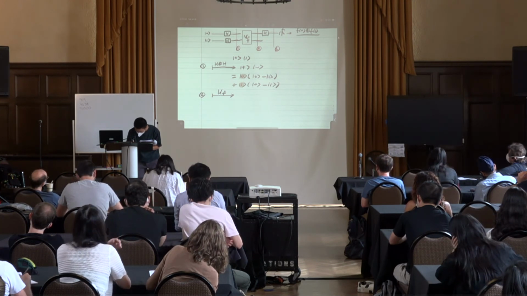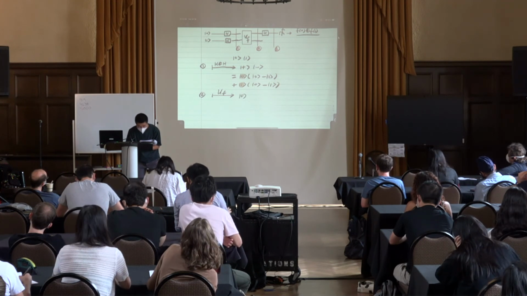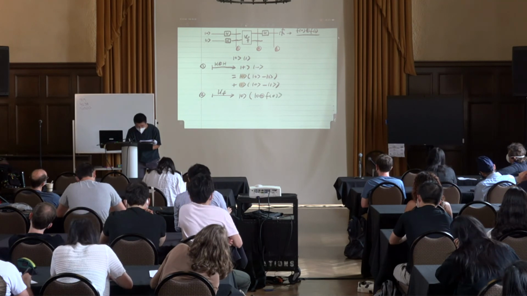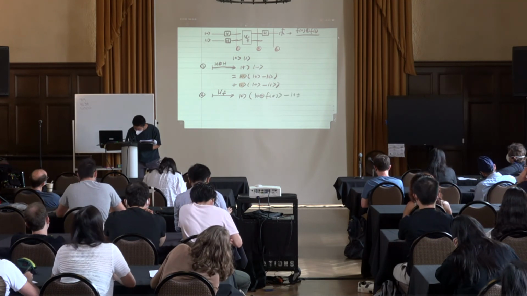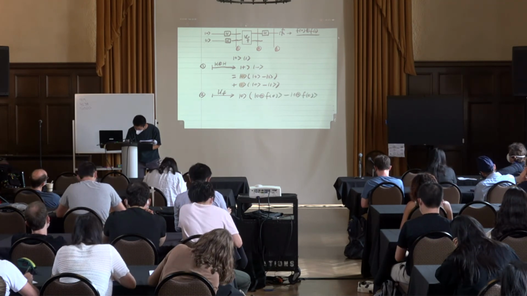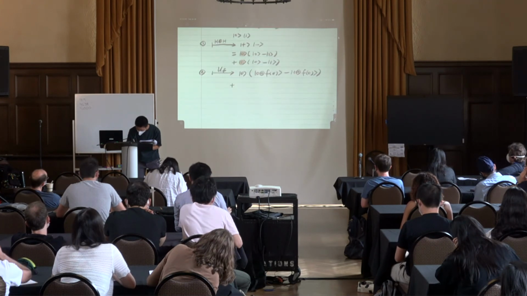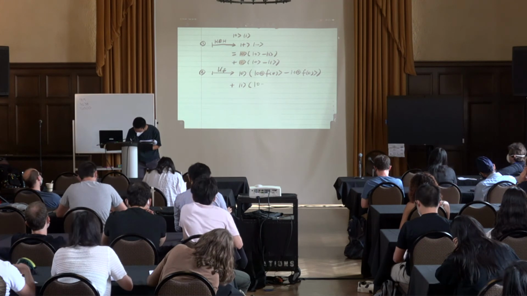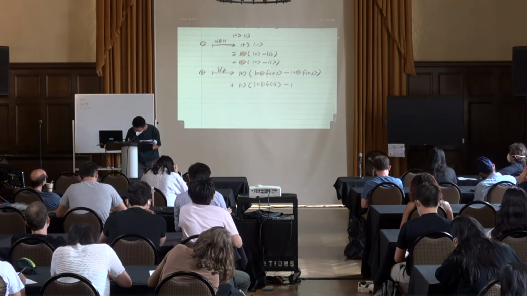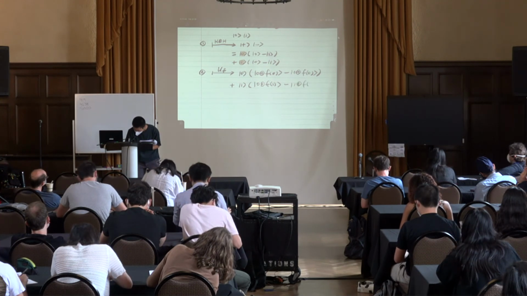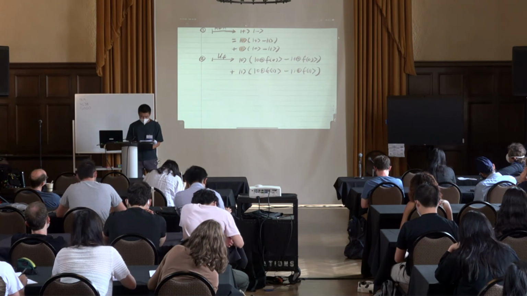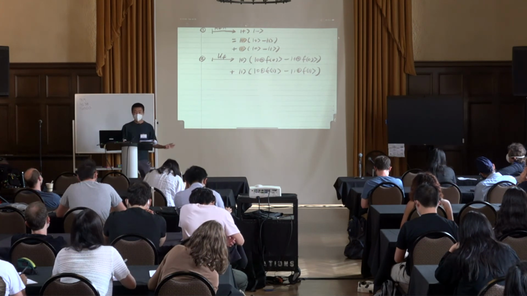So we have |0>, and then |0 plus f(0)> minus |1 plus f(0)>. Okay, and then the second term, we compute f(1) and XOR it to both components here. All right, nothing surprising so far.